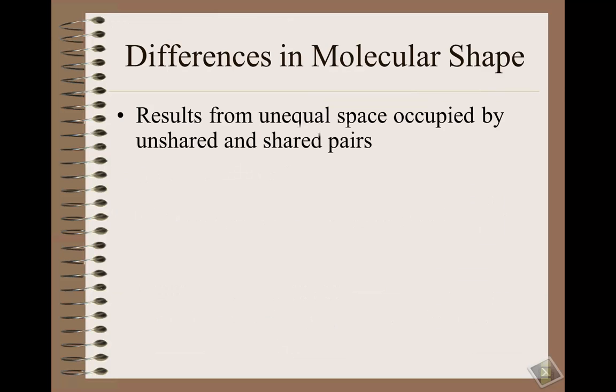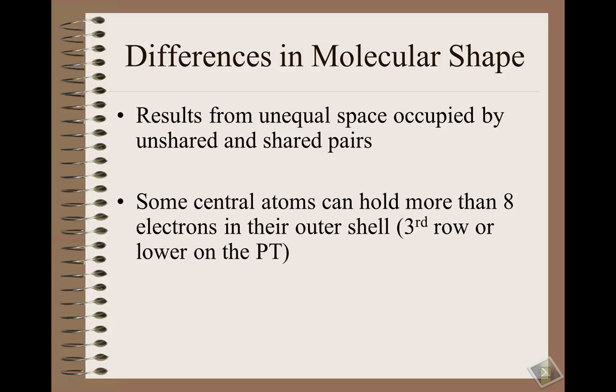The differences that we see in the different molecular shapes results from this unequal space that is occupied by each of those electron pairs. And we also see instances where our central atoms, if they again are in the third row or lower of the periodic table, they have a certain exemption from the octet rule.